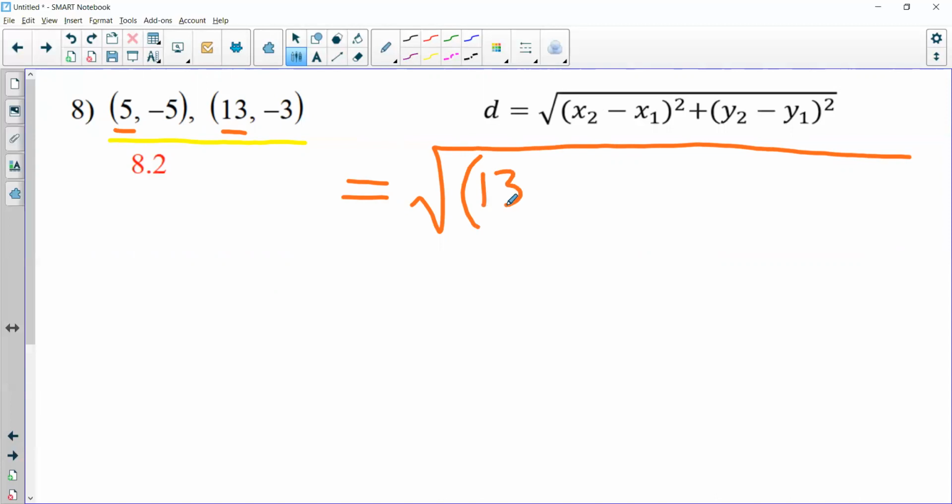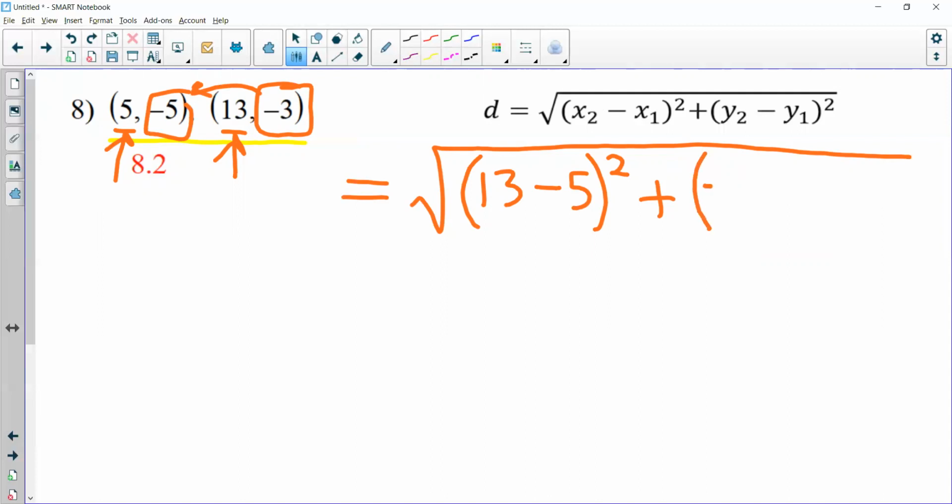So we have 13 minus 5 squared plus, now since I did 13 minus 5, I must do -3 minus -5. Again, -3 minus -5.